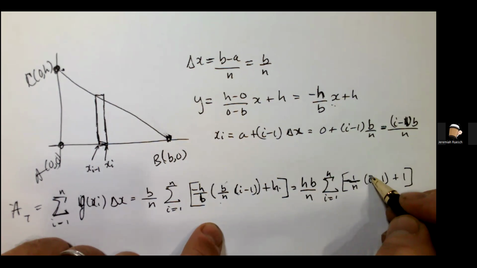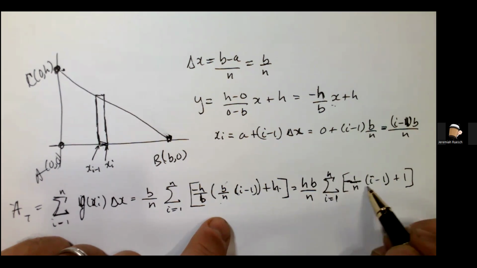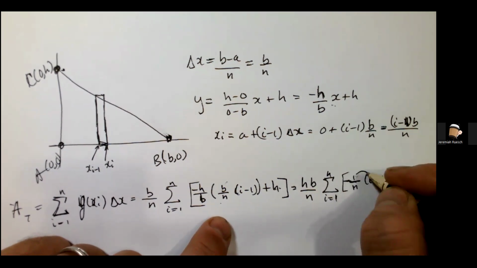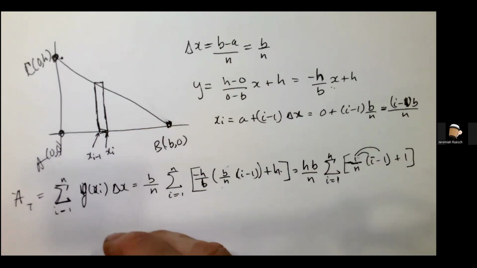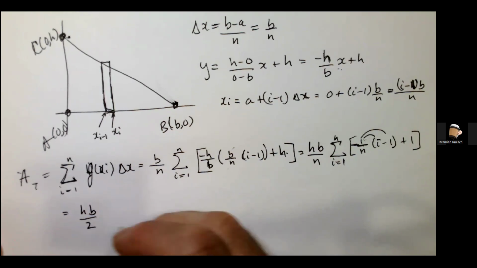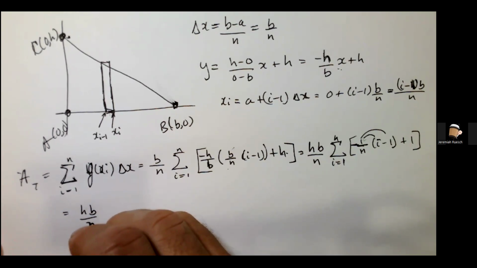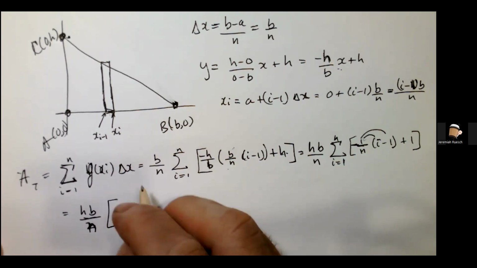Okay. Now I can use the linear operator properties of the sum here and distribute. So I can distribute this negative 1 over n into each term, and then see what we have left over. So we have hb over n, not over 2, sorry, over n. And then that's going to be multiplied by everything.